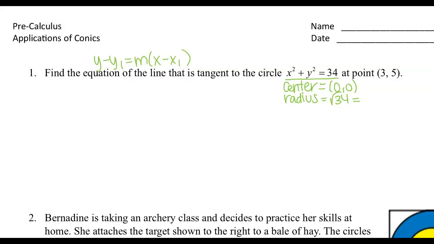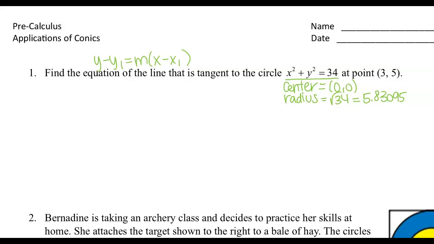The radius is a decimal, about 5.83095, and it would continue. I'll round this up to 0.95, and I'll write it that way so you don't think it's a 9 at the end. Either way, we're going to take this information and try to find that equation.